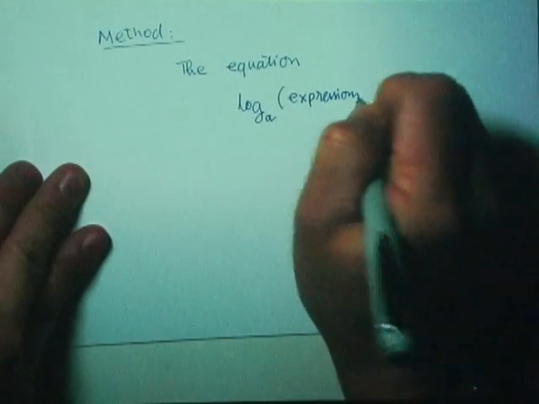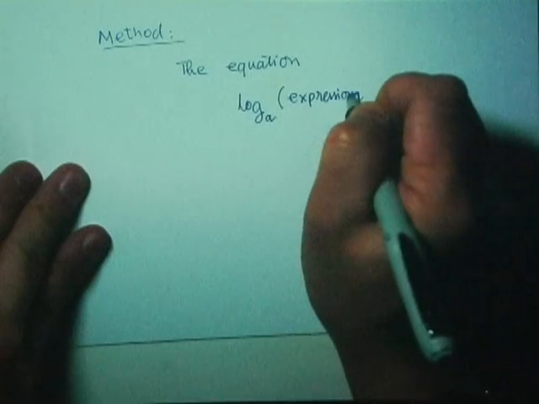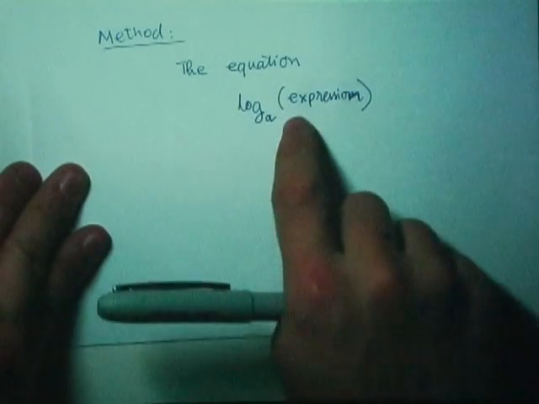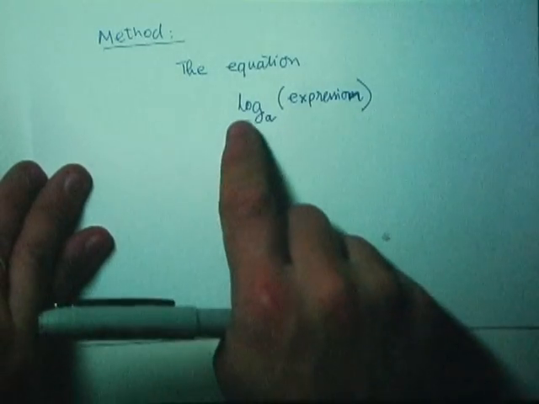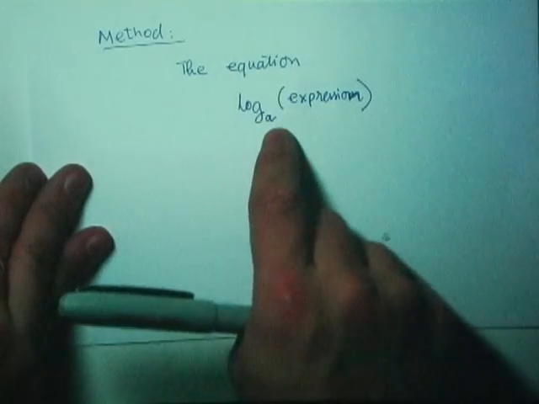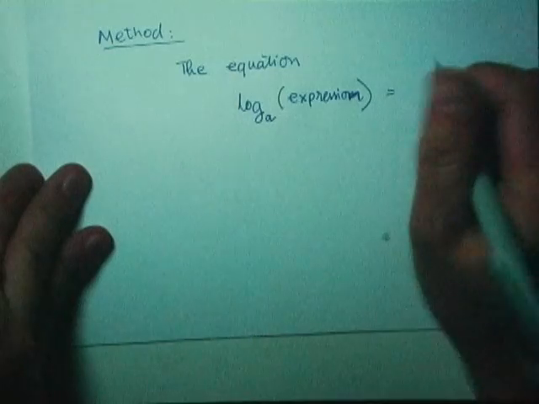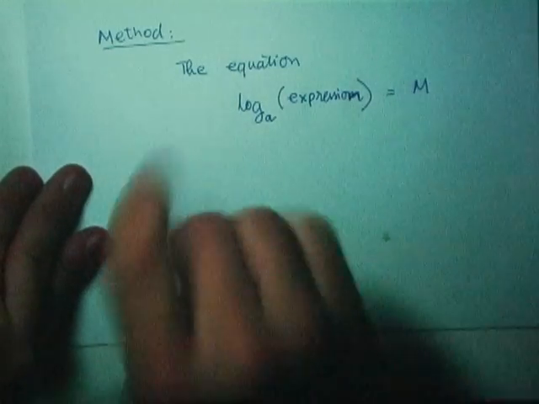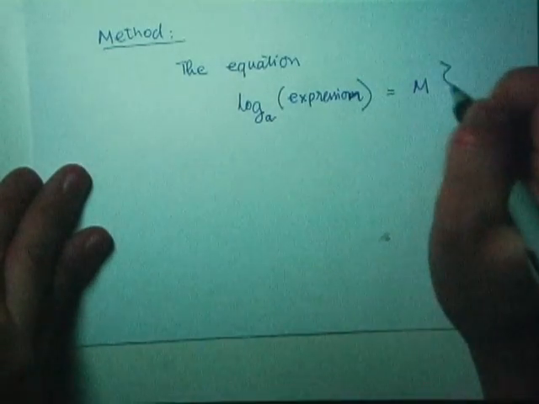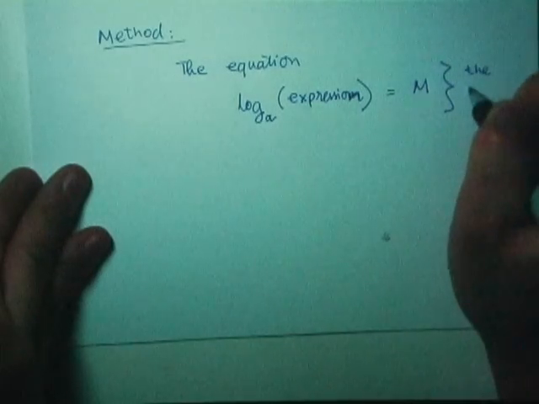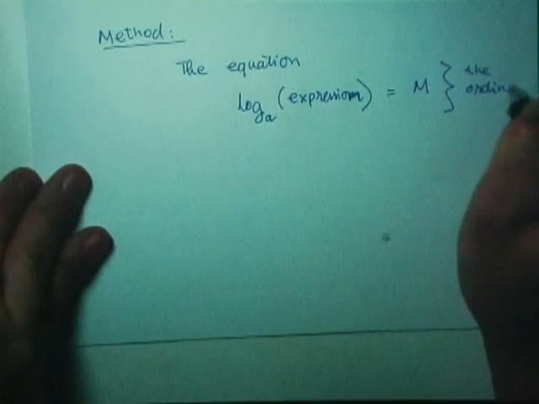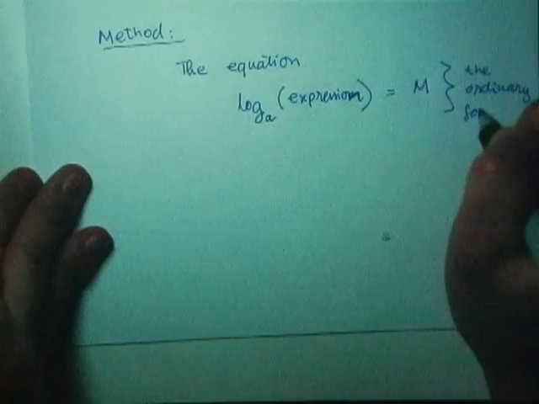So what I'm having here is, a lot of the time we don't just simply have an x, we have one whole expression of x. What I have here is ordinarily a log of any base of an expression, equal to a number on the right-hand side. So this form right here, I call the ordinary form.